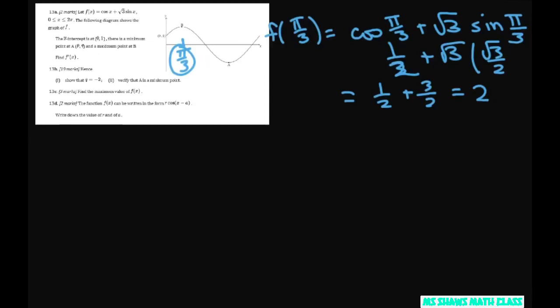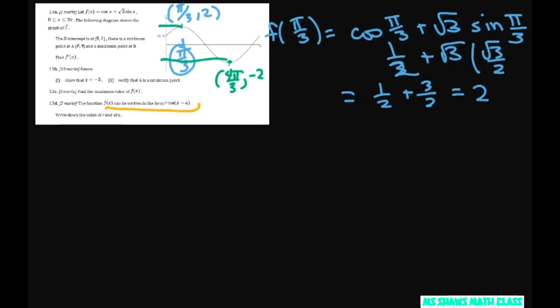So that means the maximum value of f of x is 2. So this is (pi divided by 3, 2), and this one is (4 pi divided by 3, -2). From here to here. Now finally, we can write this in this form.